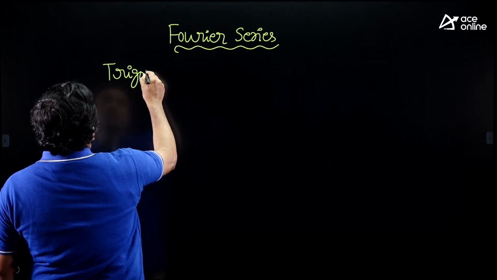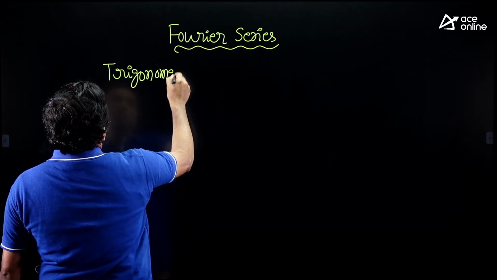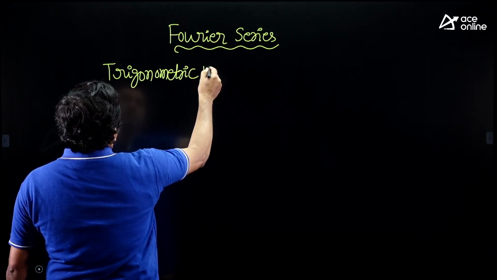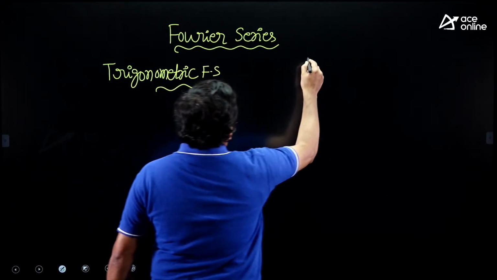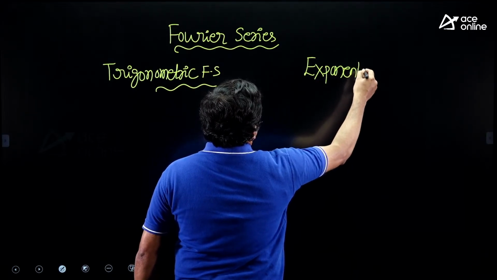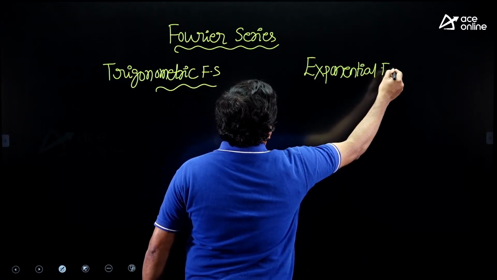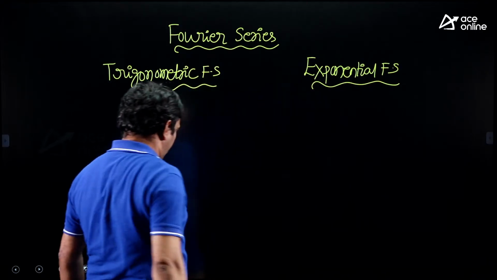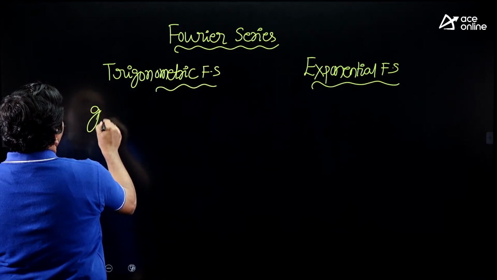One is the trigonometric form, the other one is the exponential or complex Fourier series. What is the trigonometric general form?